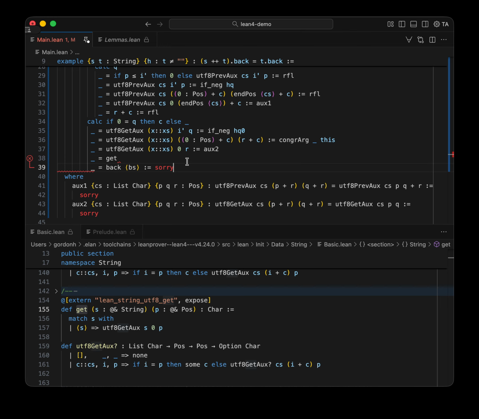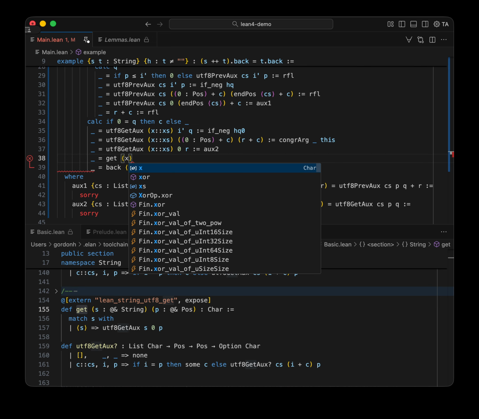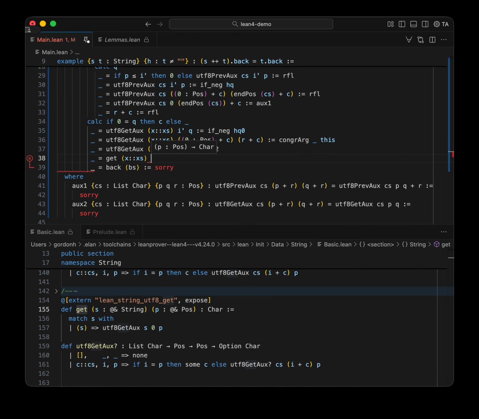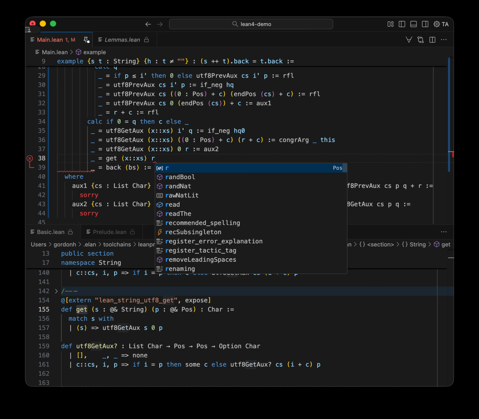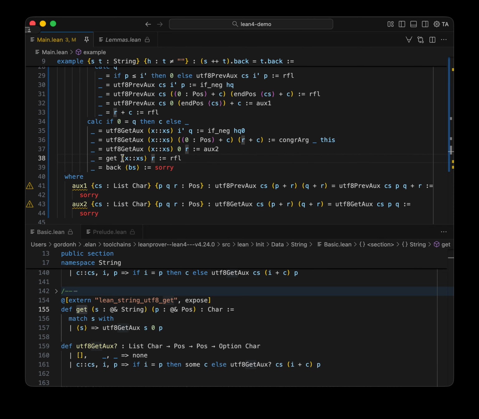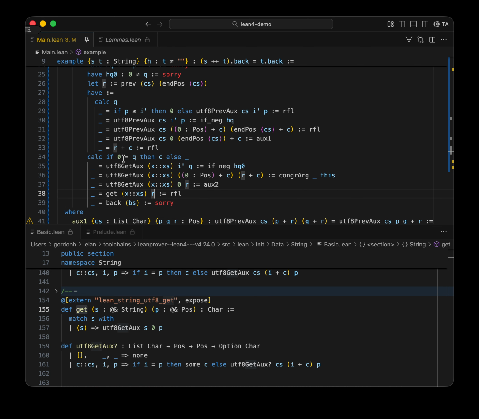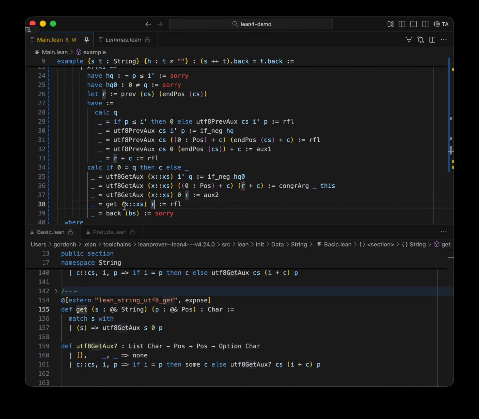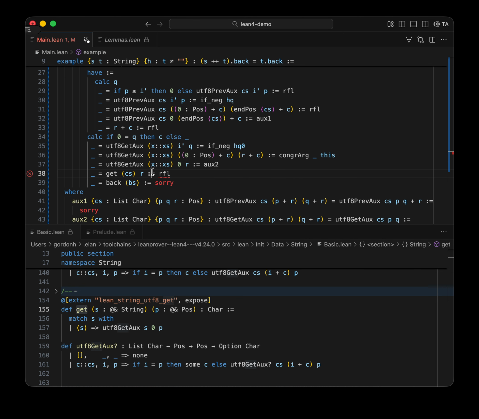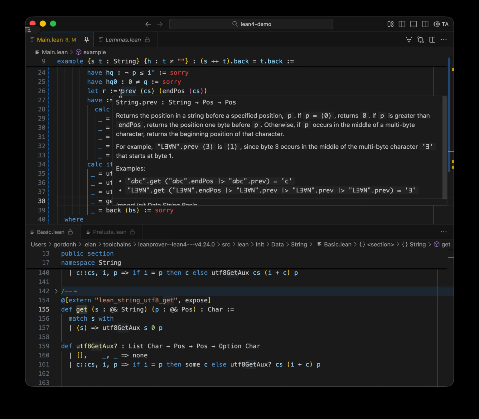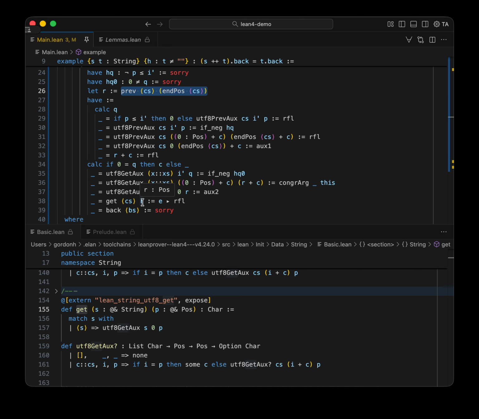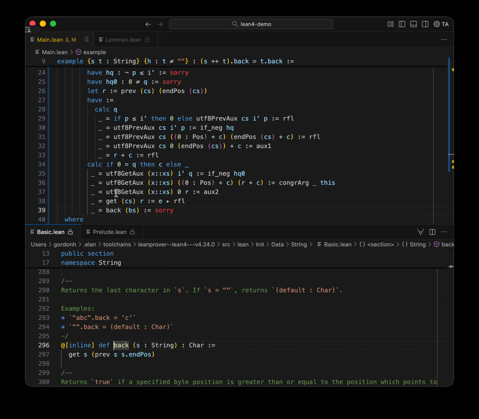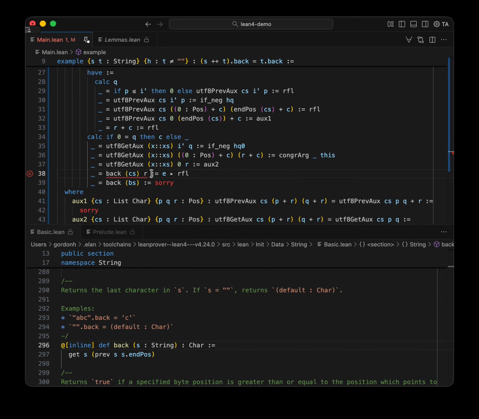Definition of get. So you're trying to get this position of the string CS. Let me just write it as CS. And what is R? This is R, making this the definition of back. What we have here is just this.